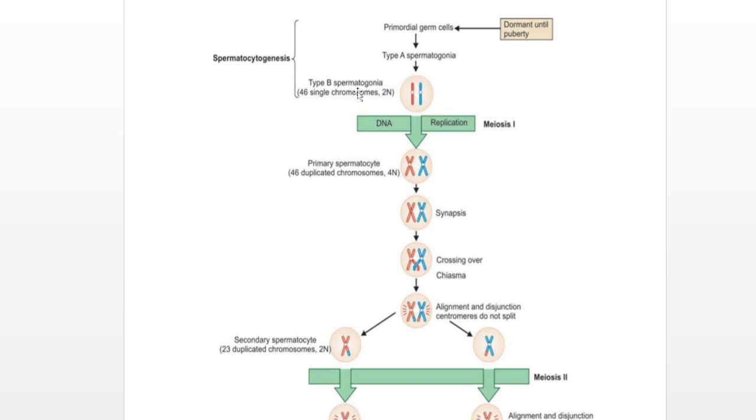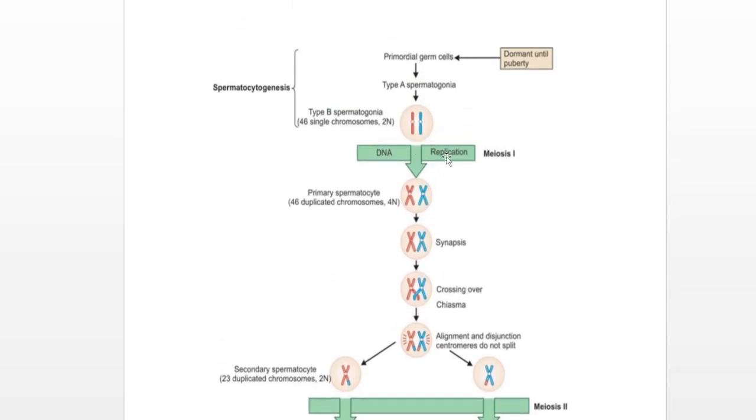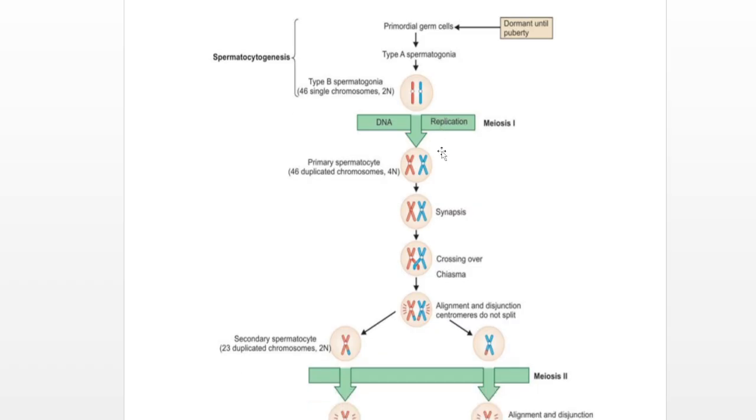Up to here, this process is known as spermatocytogenesis. Type B spermatogonia then undergo DNA replication to form primary spermatocyte.